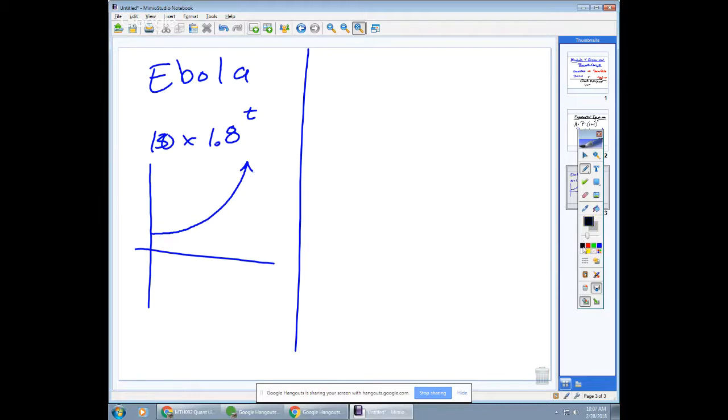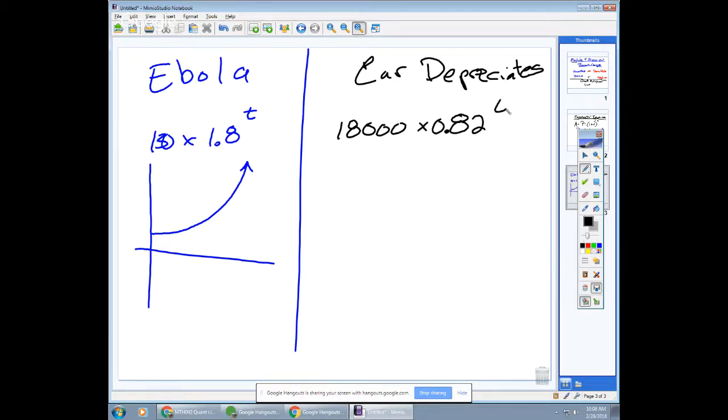Another example is the car depreciation. And so in that case, we had something like $18,000 was the initial value of the car. And then we lost 18%. So that was 1 minus 0.18, which gave us an 82% multiplier.